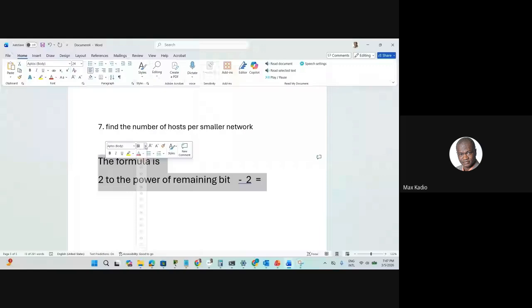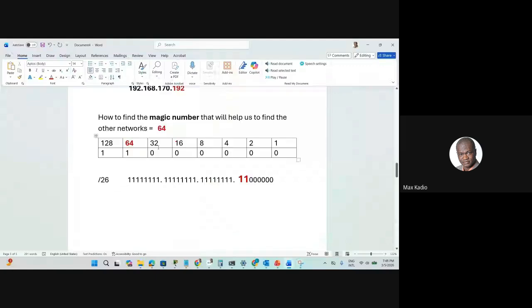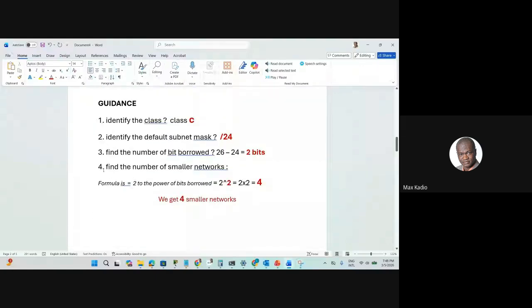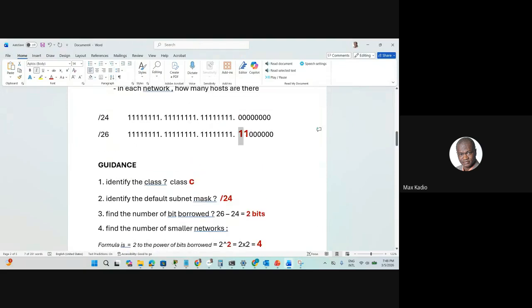So to find the number of networks, we have two formulas. To find the number of smaller networks, we do 2 to the power of bits borrowed. So if you borrow 2, 1, 2, 2 to the power of 2. If you borrow 4, 1, 2, 3, 4, 2 to the power of 4. Now, if you borrow 2 bits, it will be 2 to the power of 2.